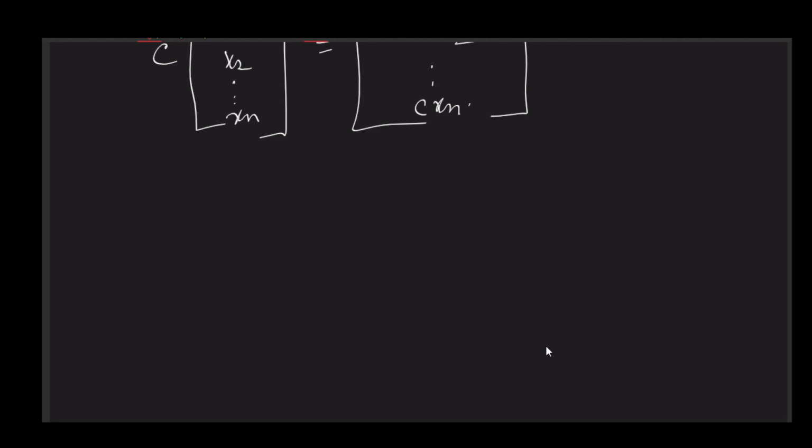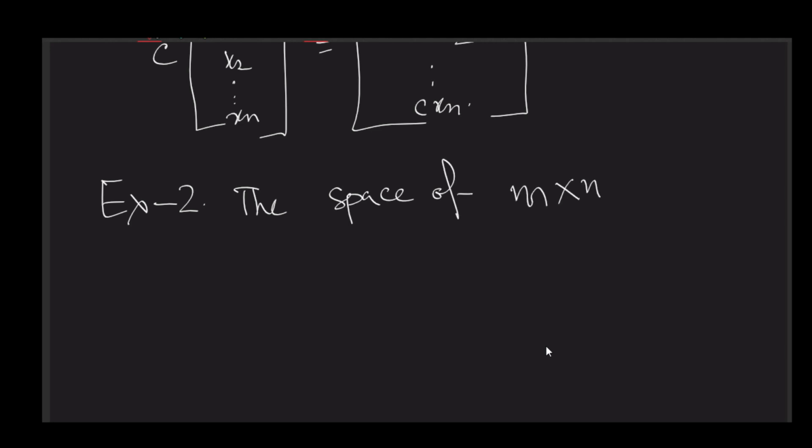Now let us consider M cross N matrices. What would be the nature?